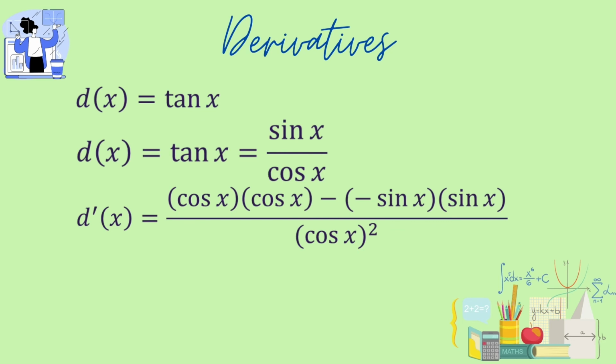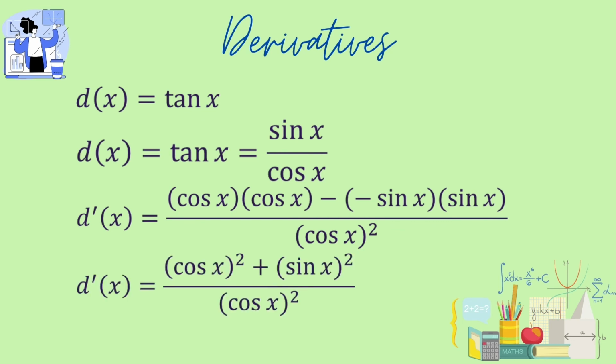Simplifying the numerator, we get cosine squared of x plus sine squared of x, which is equal to 1. And we know that 1 over cosine is equal to secant. The derivative of d of x equals tangent of x is equal to d prime of x equals secant squared of x.